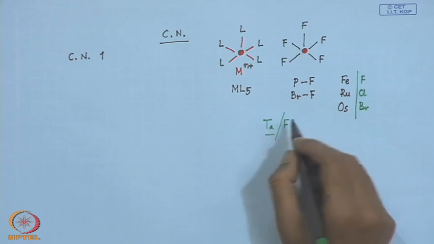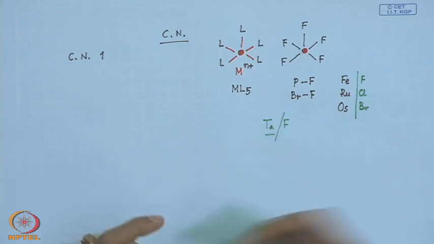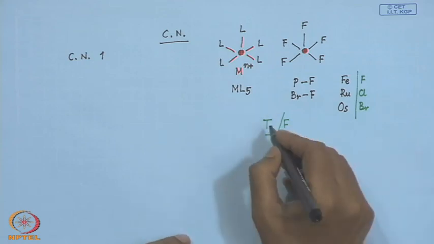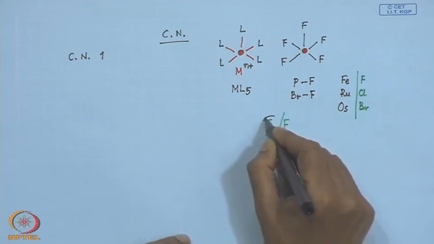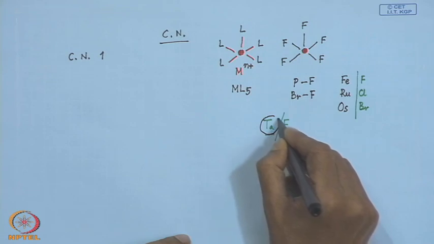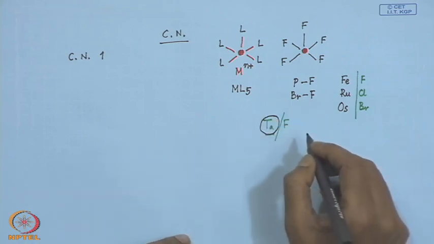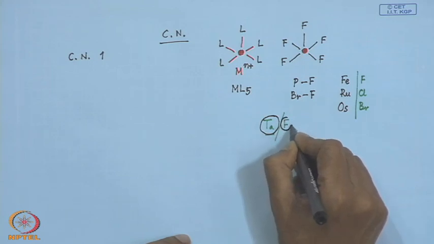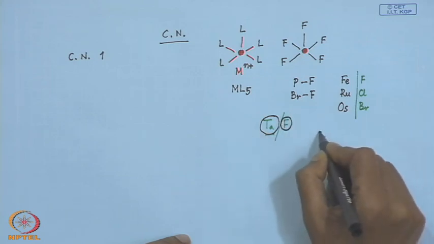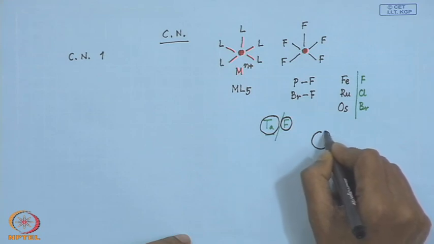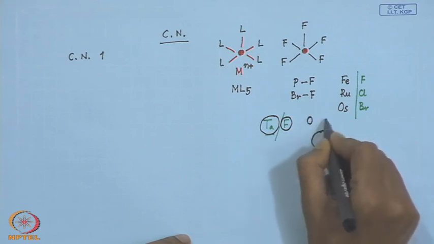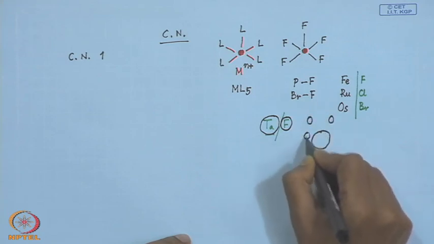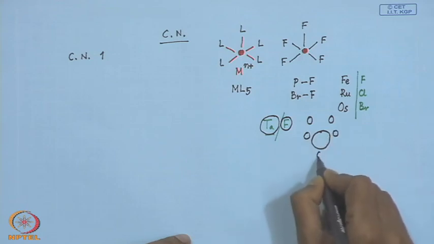As we go for higher coordination numbers beyond 4, we are increasing the size of the central element, and the size of the ligand is smaller. So we can have a bigger central atom and smaller atoms surrounding the species.